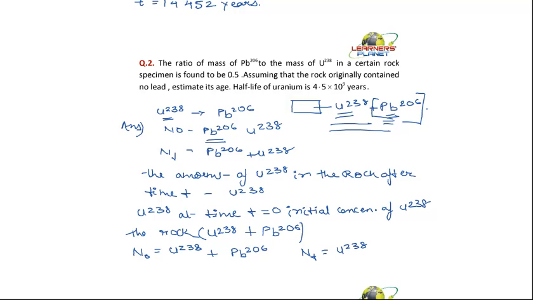Now we have got the ratio. Now we have got the half-life of uranium, that is 4.5 × 10^9 years. Now let's solve this question. The ratio of lead-206 to U-238 is equal to 0.5, right?